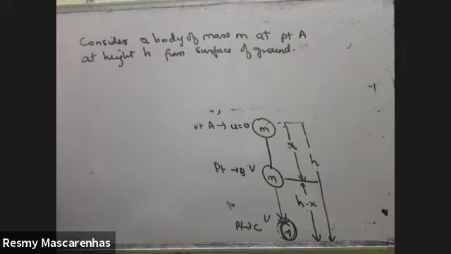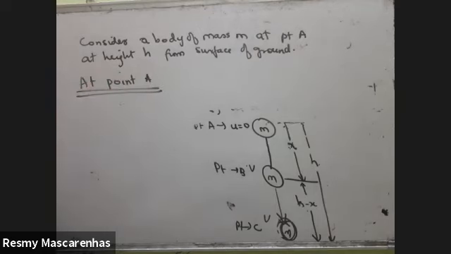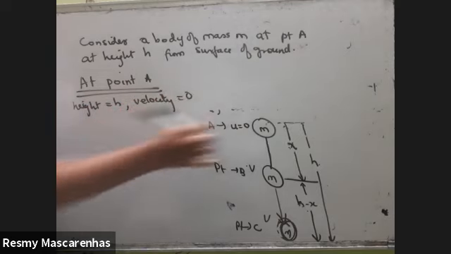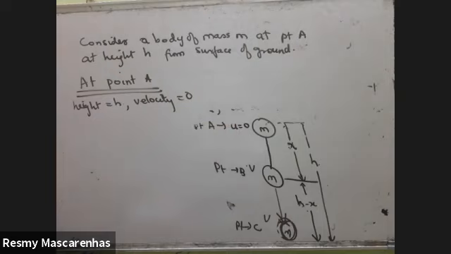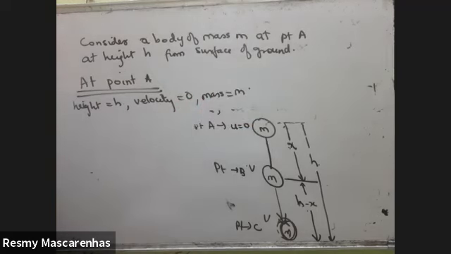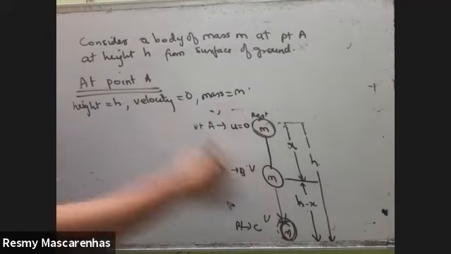First we'll calculate the potential and kinetic energies at point A. So I'm starting at point A. What all data do I know? Height is h, velocity is 0, mass is m. Why is velocity 0? We are starting, it is at rest, and then we are dropping it.